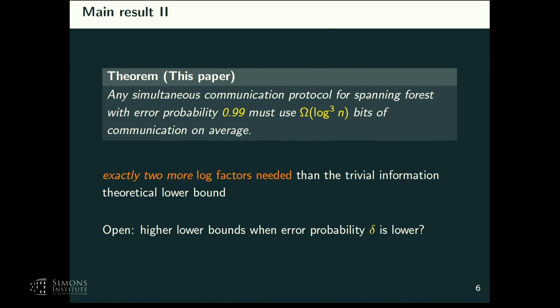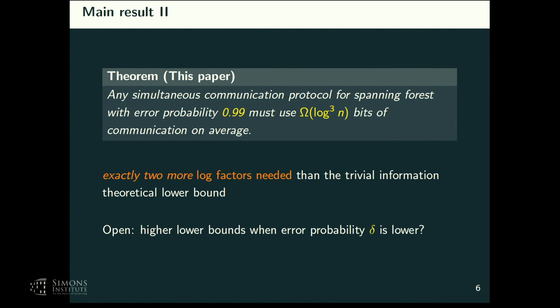And an interesting open question is that it turns out that our technique doesn't give us a higher lower bound when the error probability is lower in this setting. Unlike the previous streaming setting, where we get a full trade-off for all parameters of delta, even if delta is something like 2 to the minus square root of n, our technique still only gives log n cubed bits of lower bound.